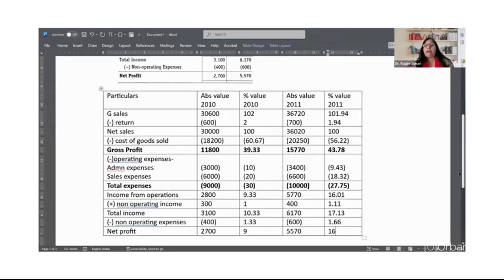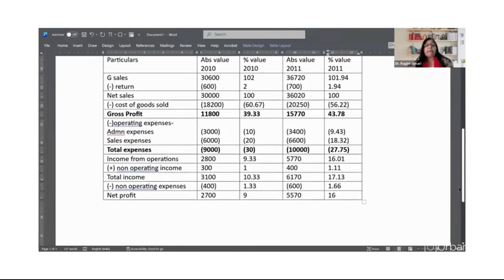So this is how we have analyzed the table. Now, based on this analysis, we can very clearly make the interpretation. What interpretation comes to our mind? The interpretation says that the company has reduced its costs and expenses, which has resulted in an increase in the income from operations and the net profit.